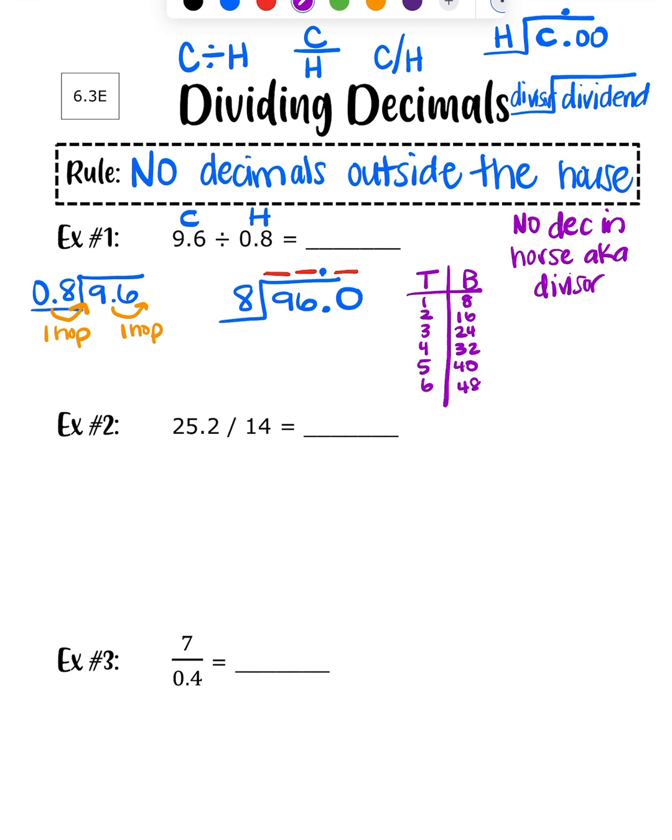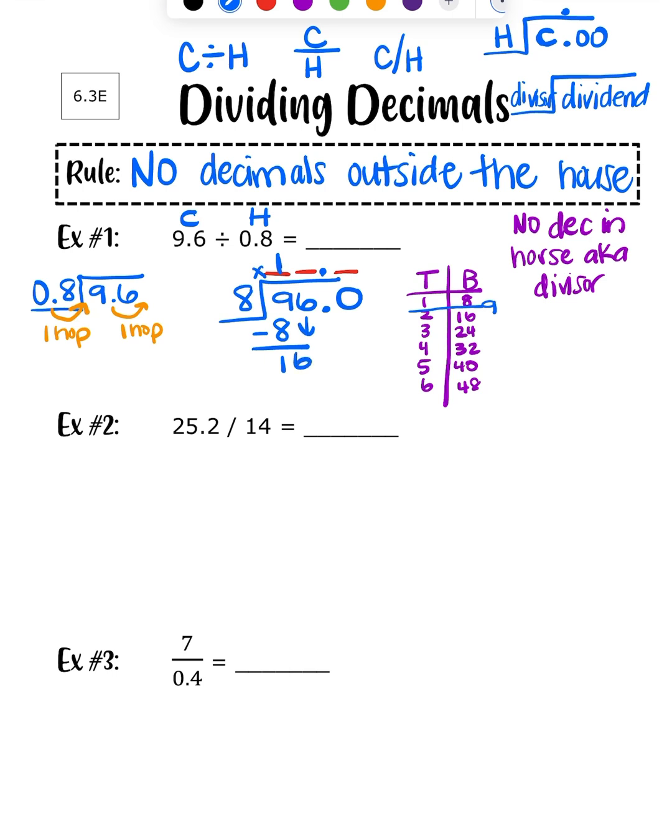If I looked at where 9 would go on my list here, I would say, oh, 9 fits right here in between 8 and 16. So what's above that? 1. So 8 goes into 9 one time. And on the bottom, we will have an 8. 9 minus 8 is 1. And bring down our 6.